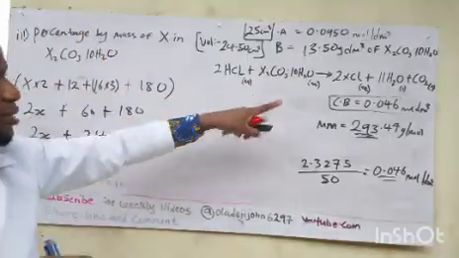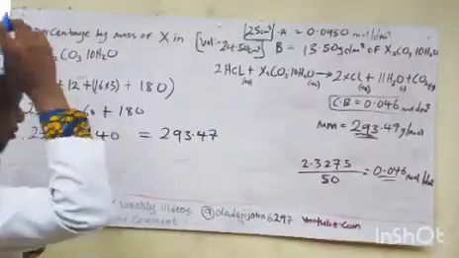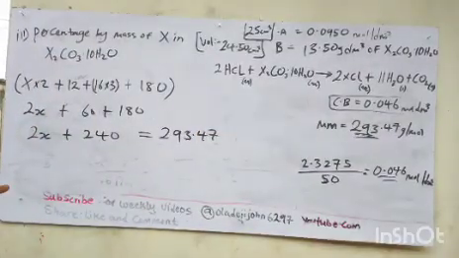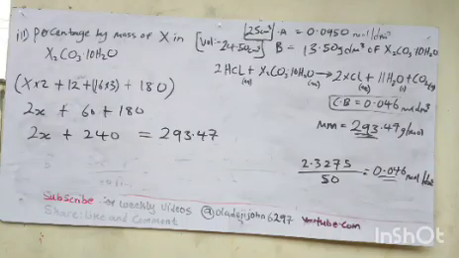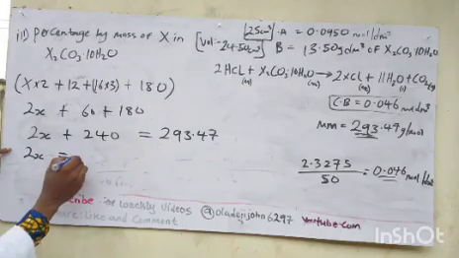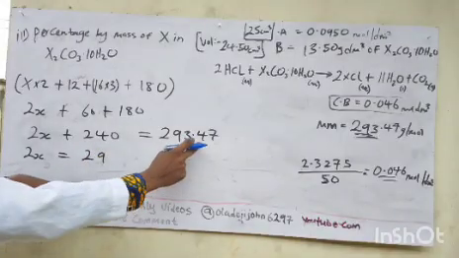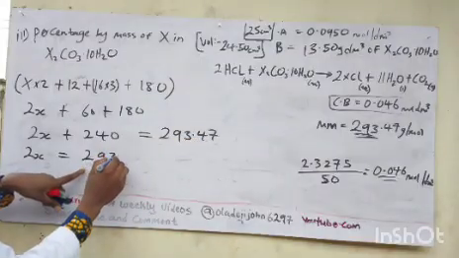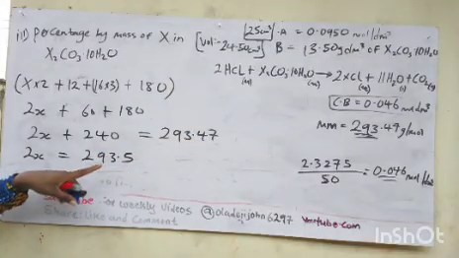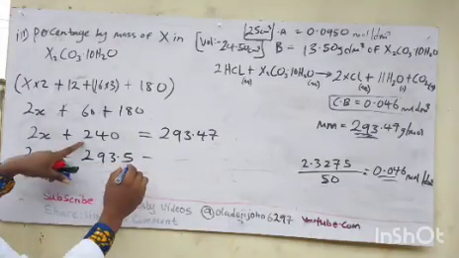The whole total mass is this, which is 293.47 gram per mole. Now we are looking for X, so here we are going to collect like terms to see what we have. So 2X will be equal to 293.47. Let's just approximate, 293.5, minus 240.